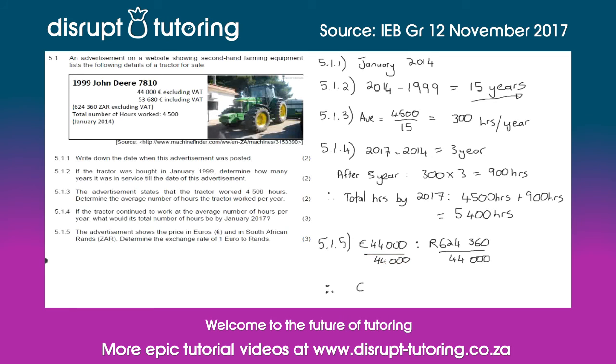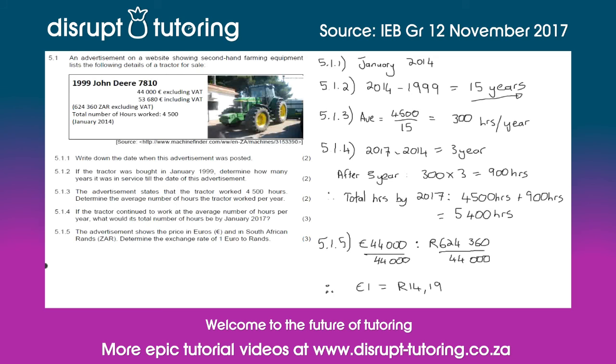That means that €1 is going to equal, and then in your calculators, put 624,360 and divide it by 44,000, and that's going to give you your exchange rate. So this is going to equal 14,19.